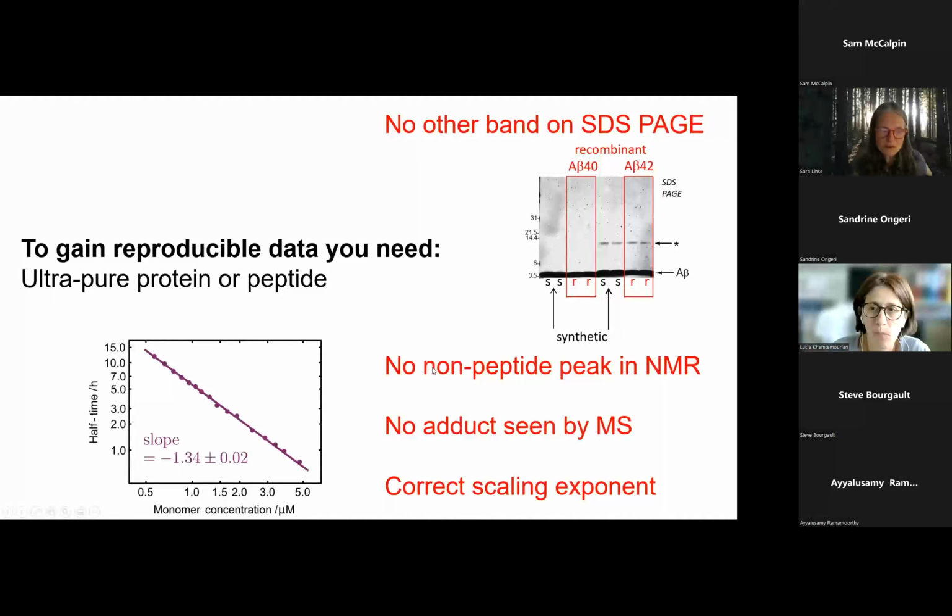Another, of course, consideration is that if you run an NMR spectrum of your purified peptide, you should only see the peptide. You shouldn't see a lot of small molecules there. If you run a UV spectrum, you shouldn't see DNA. I mean, so you don't want to see non-peptide stuff in your sample. You don't want to see any adducts by mass spec, that you cannot see here. If part of your peptide is oxidized, or for example, if you use old or bad quality urea, you will get carbamylation of your lysines that's easily detected by mass spec.